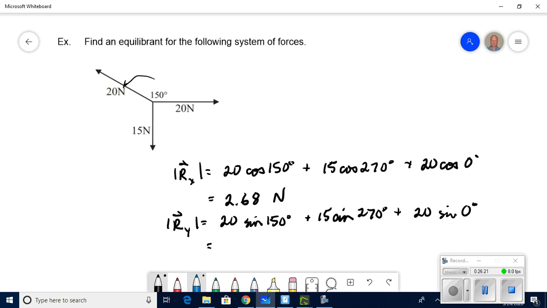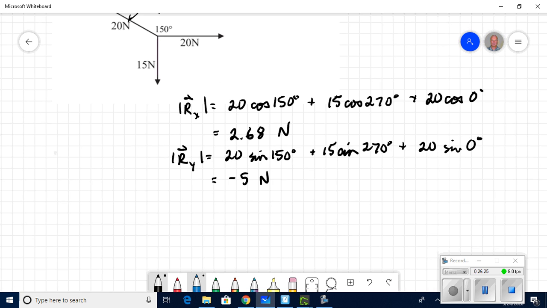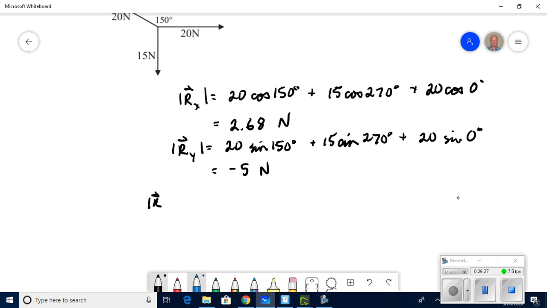And when I work all those ratios out, I get negative 5 newtons. My R combination here is going to be the square root of 2.68 squared plus negative 5 quantity squared. And when I work that out, I get 5.67 newtons here.